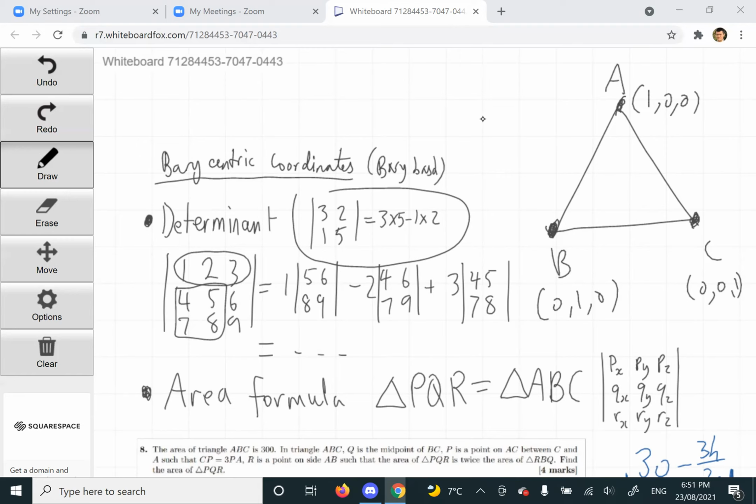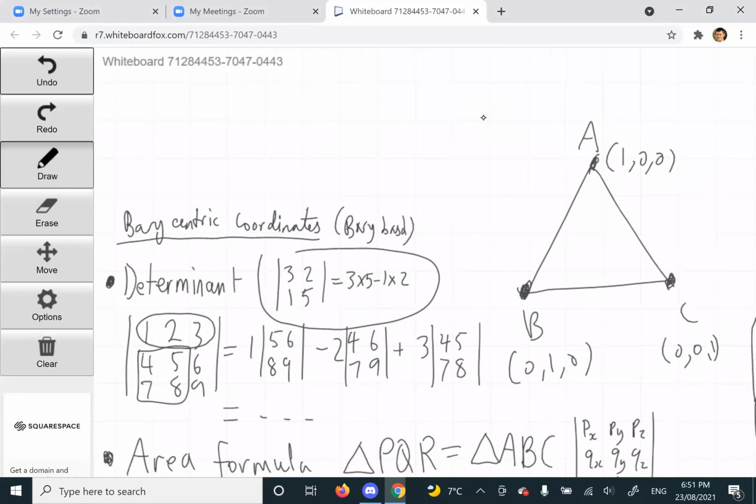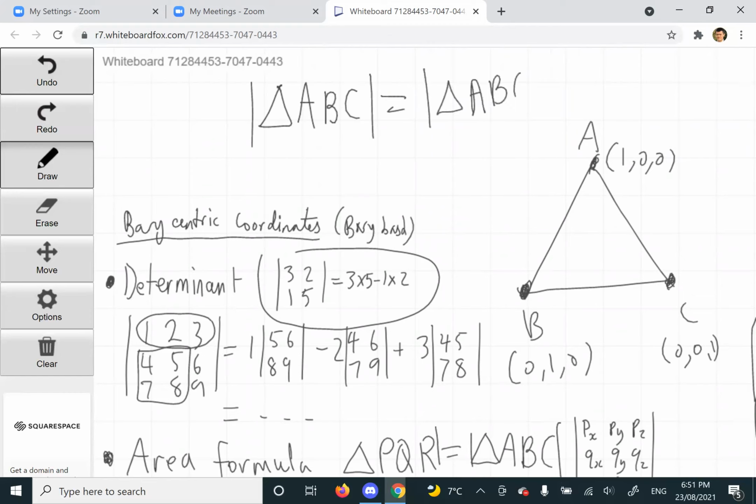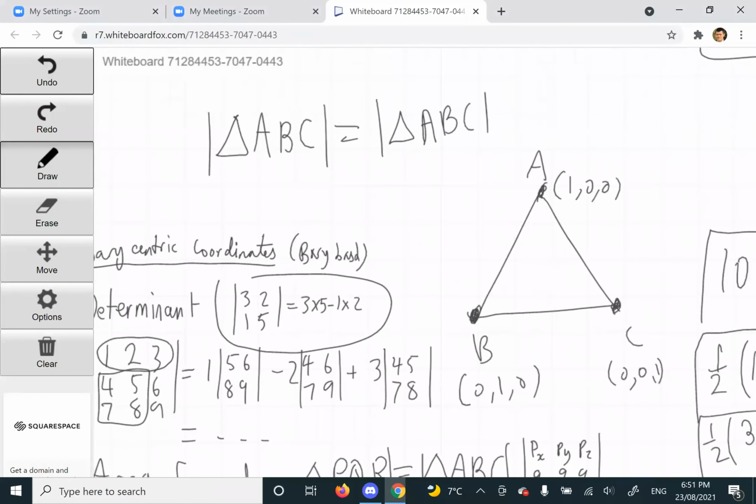So if you look at the formula applied to this, it just says the area of triangle ABC. So maybe I'll put this as area is equal to the area of triangle ABC times the determinant of 1, 0, 0, 0, 1, 0, 0, 0, 1.